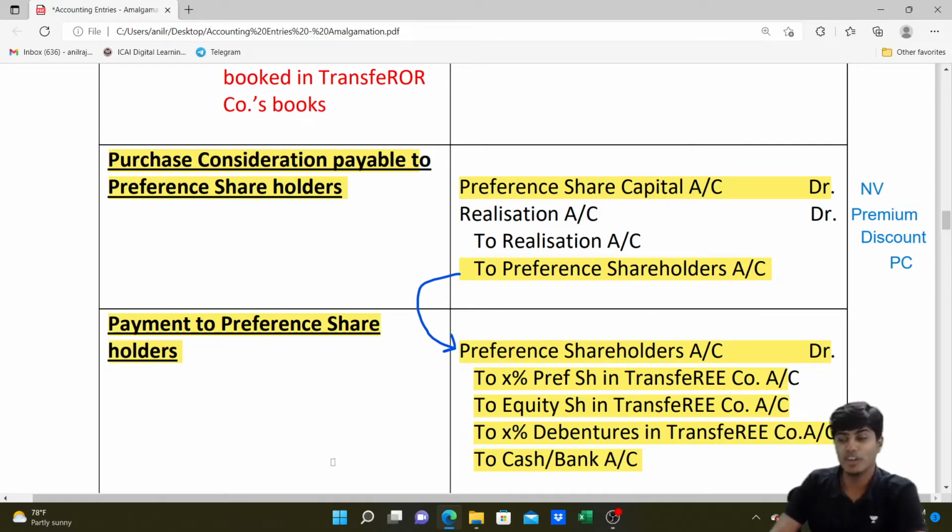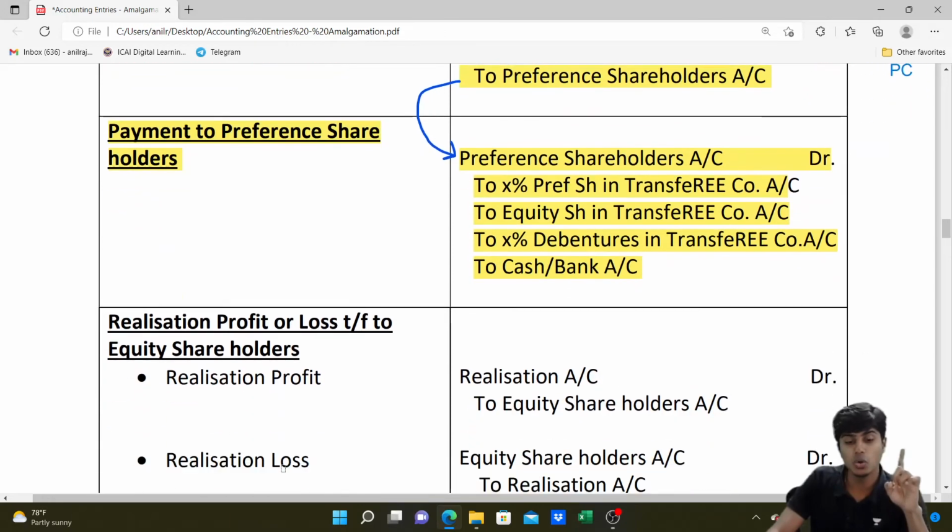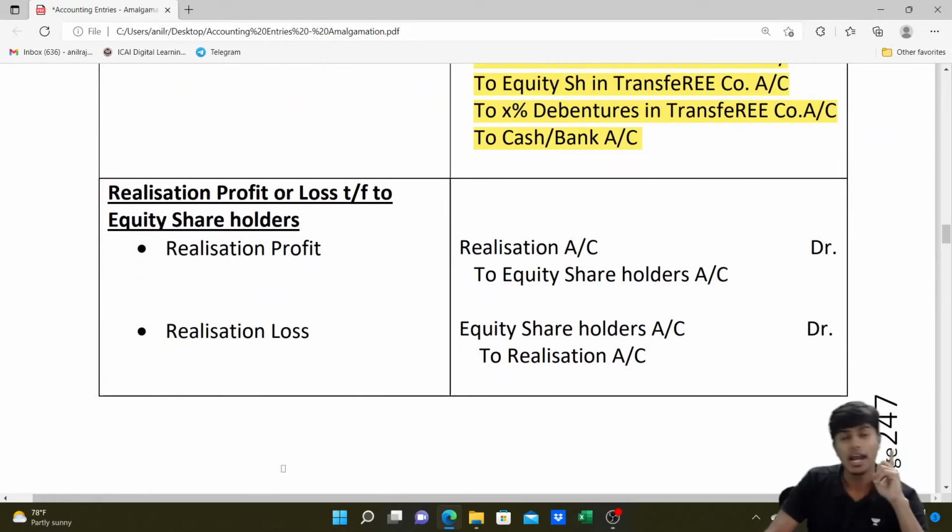Then we need to identify how much money is payable to equity shareholders. Before that, we need to close our realization account and identify realization profit or loss. All the assets and liabilities transferred, PC received, assets not transferred but sold, liabilities not transferred but settled, along with realization expenses. Is there profit or loss?